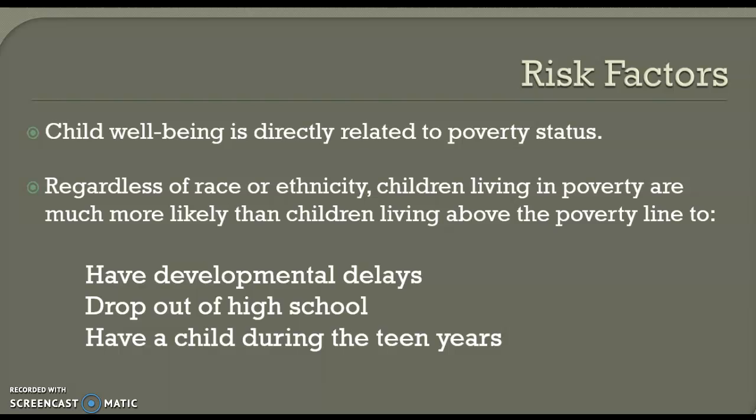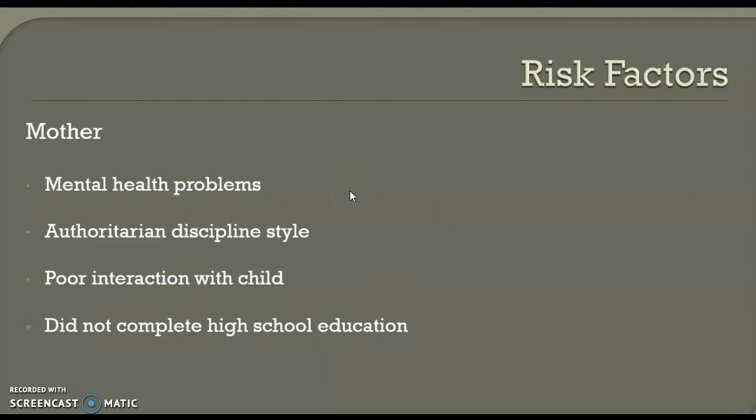Kids are likely to have developmental delays, drop out of high school, and have a child during the teen years. So those are kind of 3 of the big factors. Mom is likely to have mental health problems, have an authoritarian discipline style. We talk about that in growth and development. Authoritarian is typically a harsh punishment style, my rules, my way or the highway kind of thing.